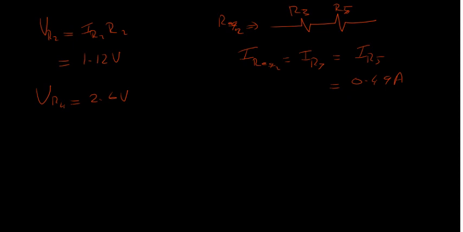And for the voltage of R3 and the voltage of R5, simply following Ohm's law, that will give me 1.47 volt, and here 2.45 volt. Okay, this is the way to do this kind of circuit.